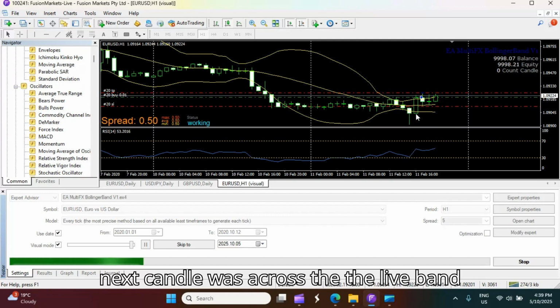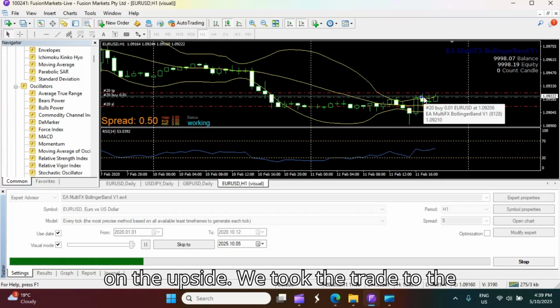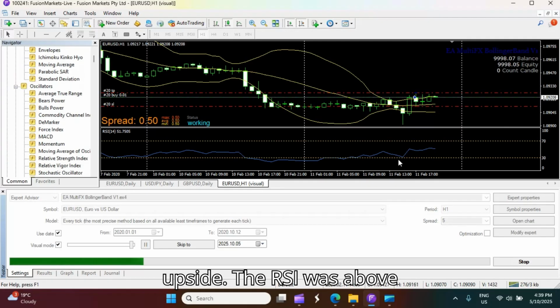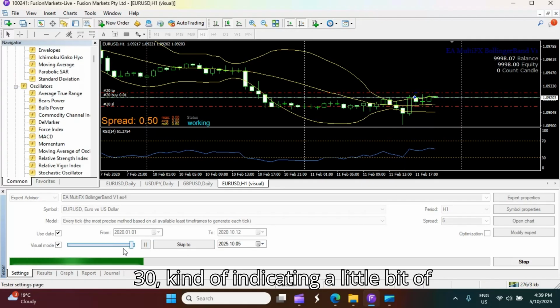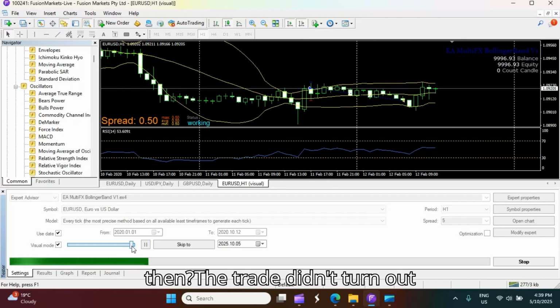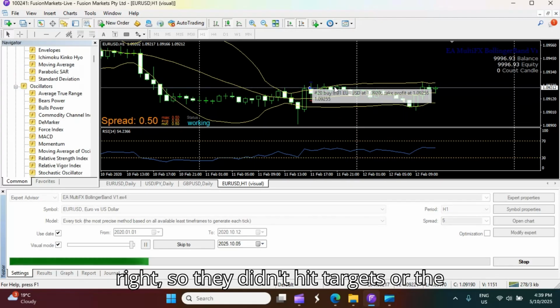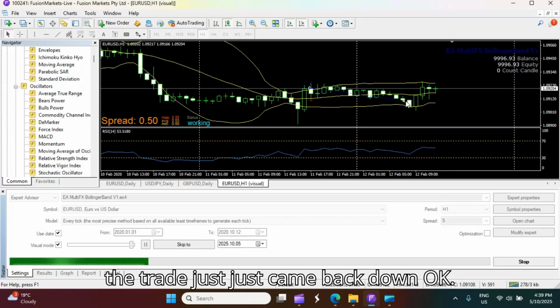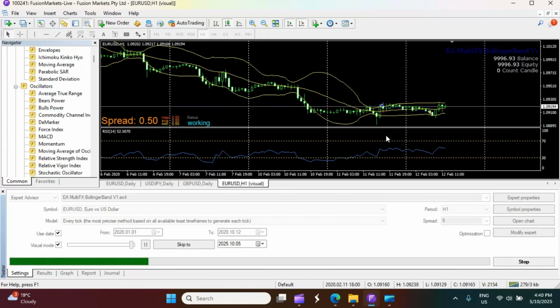Then the next candle was across the lower band on the upside. We took the trade to the upside. The RSI was above 30, kind of indicating a little bit of strength in the market. And then the trade didn't turn out. It didn't hit target, so the trade just came back down.